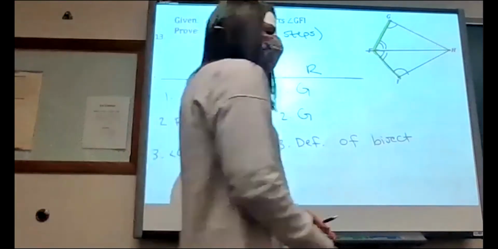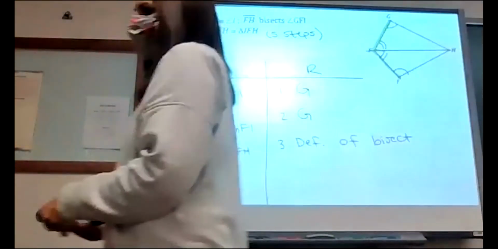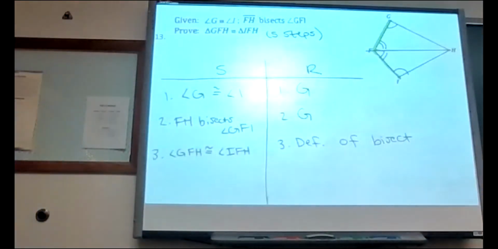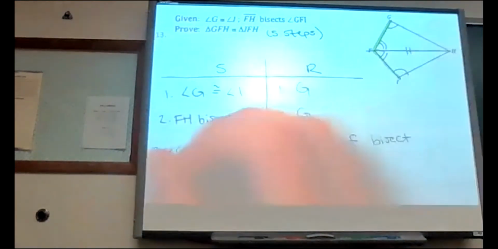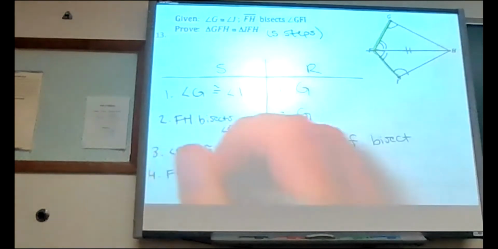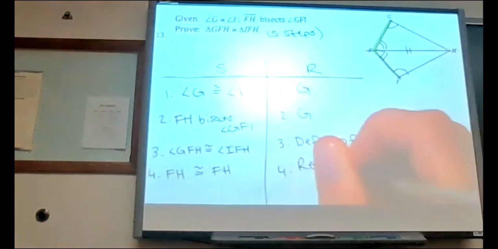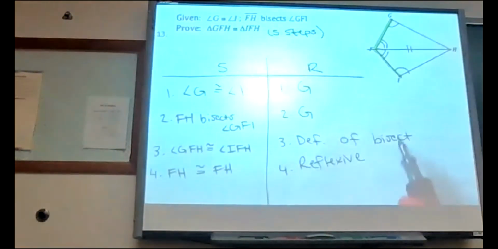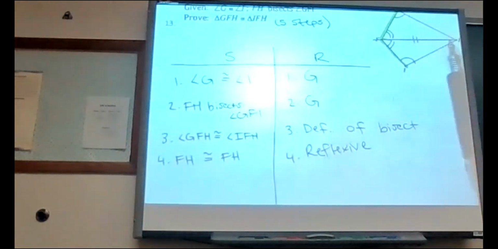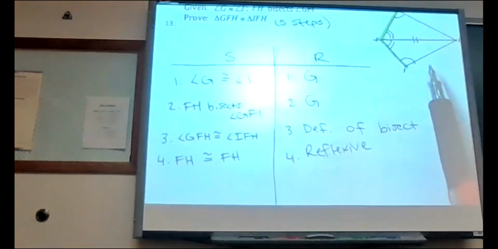All right, well, let's keep working. We'll work through it. So what's my look for here? What I have is reflexive, so I can say that FH is congruent to FH, reflexive. So what I'm saying is this is one that's angle side, which we can use by the end of this unit, but we can't use right now.